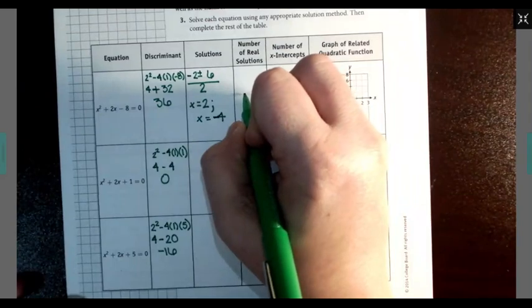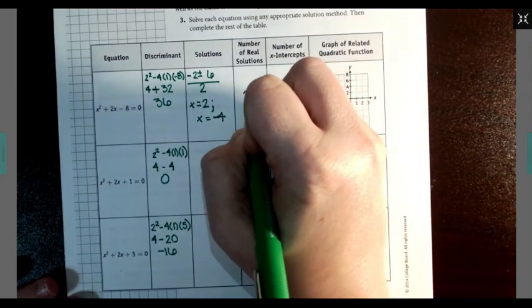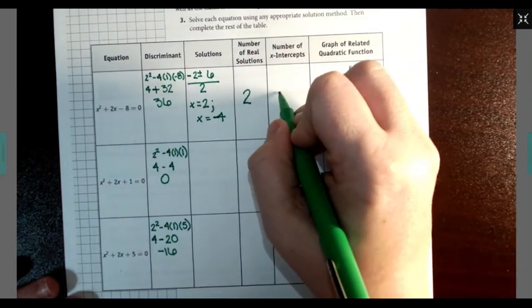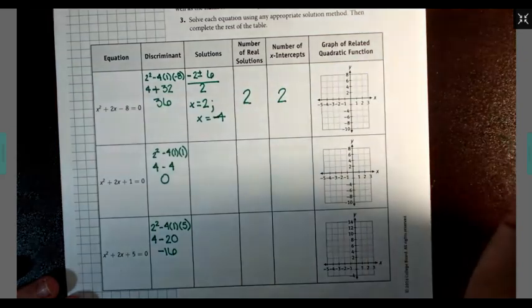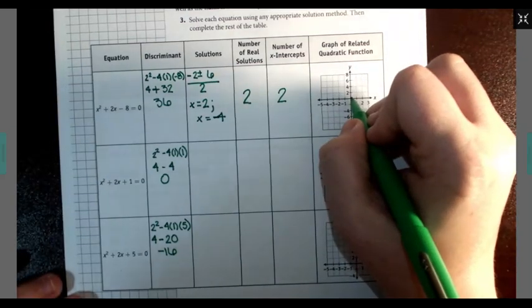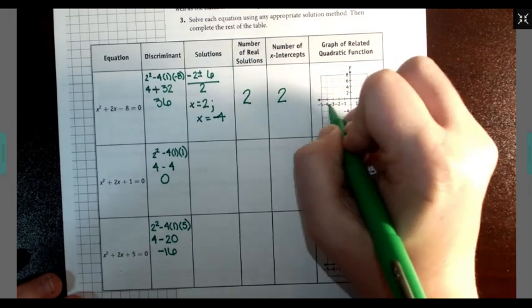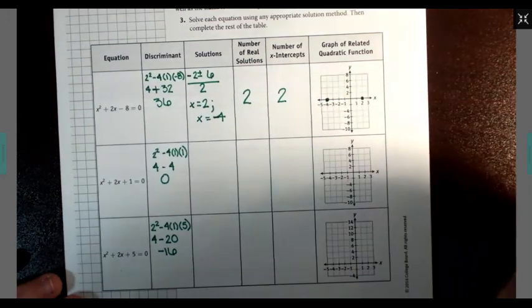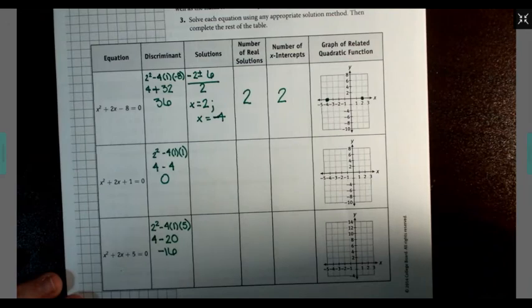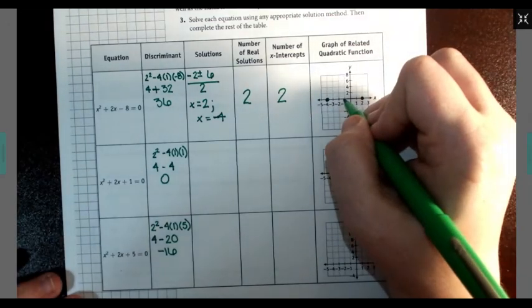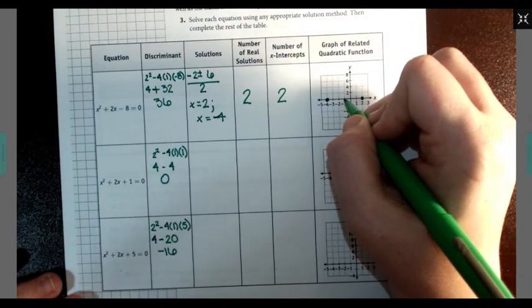How many real solutions are there? 2. How many x-intercepts should there be? 2. We're going to have an x-intercept at positive 2 and an x-intercept at negative 4. Halfway between that would be negative 1.